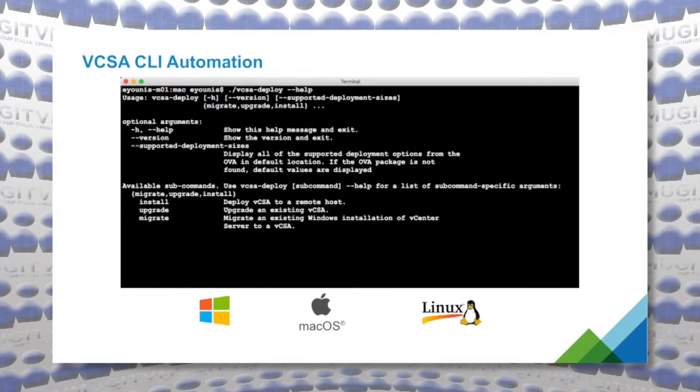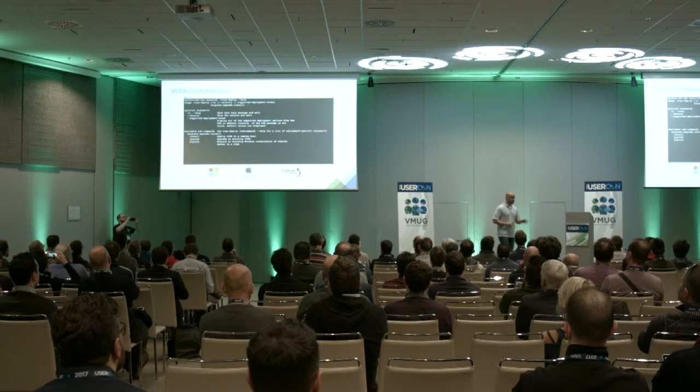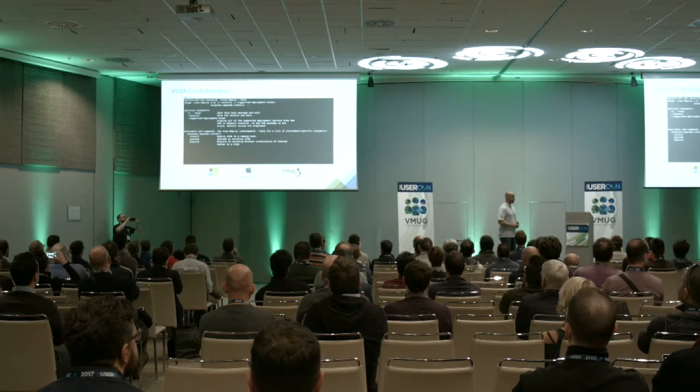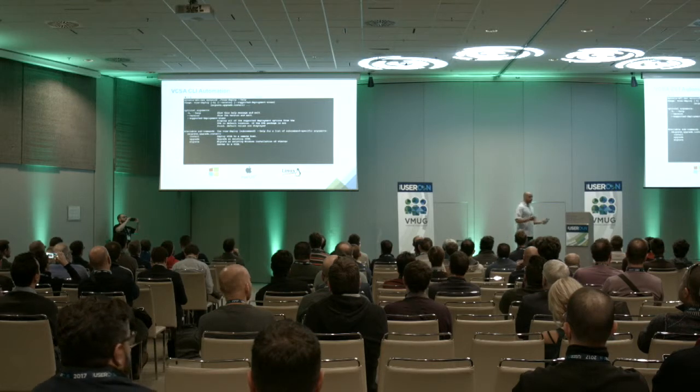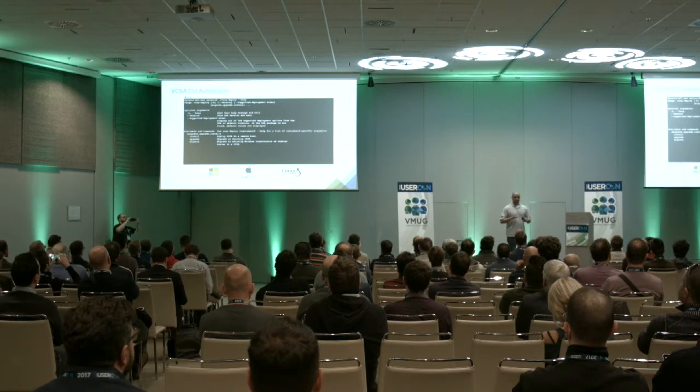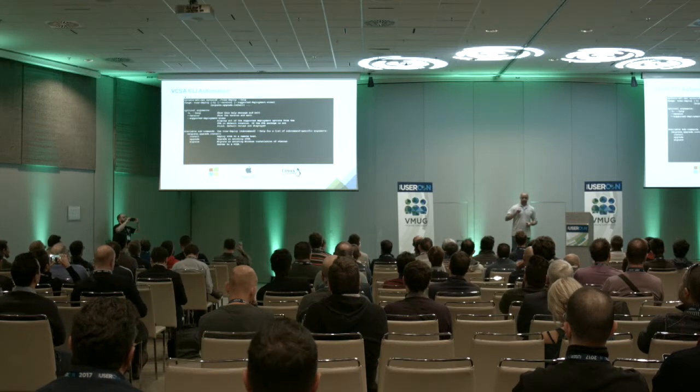Along the same lines, we can also deploy and migrate and upgrade, so basically the life cycle of the VCSA, through the CLI. You don't have to do it through a GUI. As a matter of fact, this is how I deploy my vCenter server appliances. To be honest, it's a lot quicker. All I do is take the JSON files, I manipulate them with my information, and then I start the deployment.